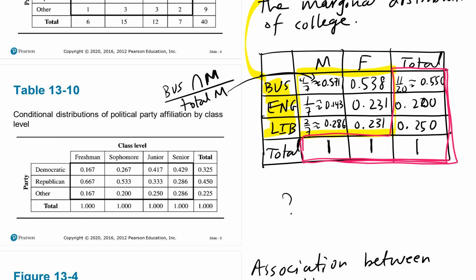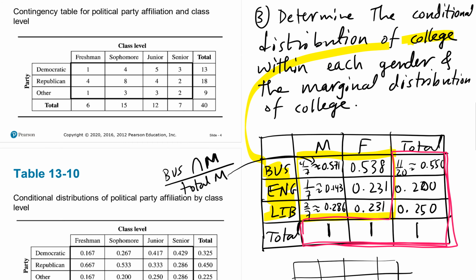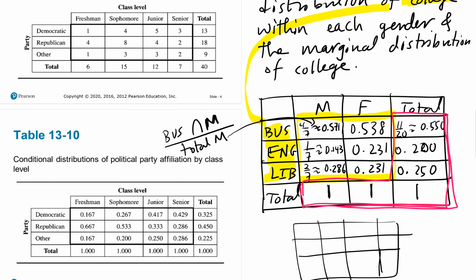Before I move on to a new idea, usually these things within the table that you draw, let's say we draw a table like we have this table, these things within the table are called cells. Each one of these is called a cell.